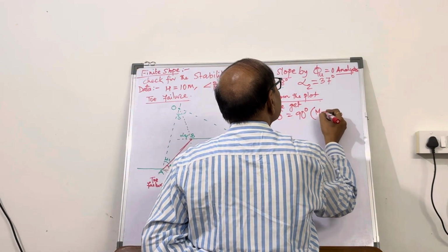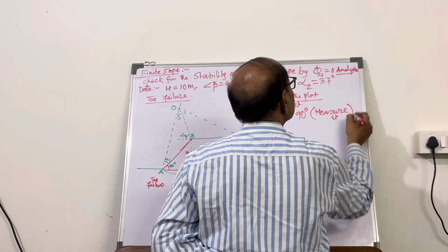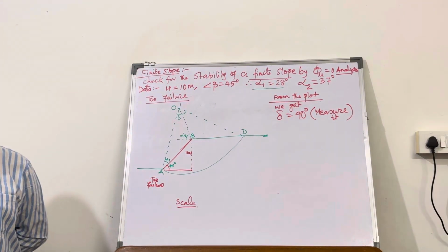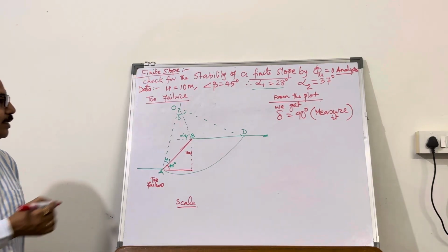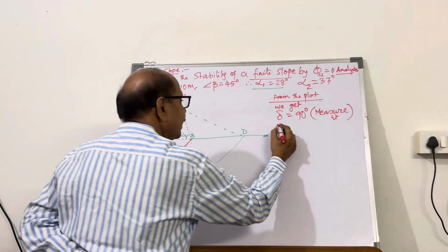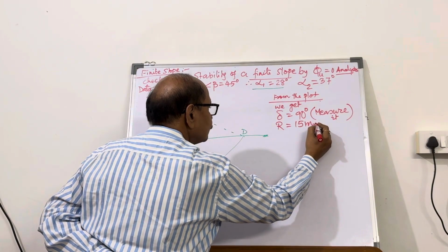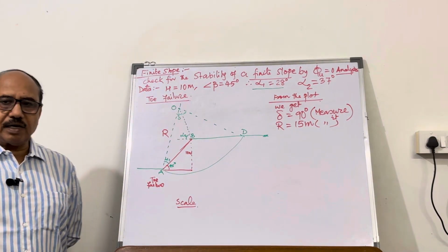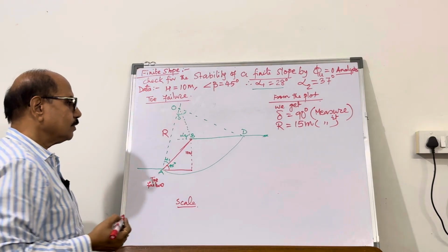It is 90 degree when you plot it. So delta you know, and radius also you can measure it. Radius equal to 15 meter. To whatever scale you have chosen, you are in a position to take it.